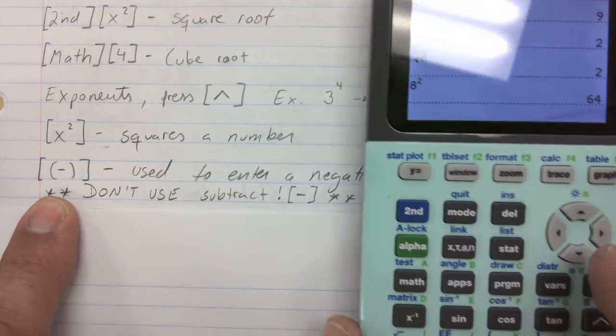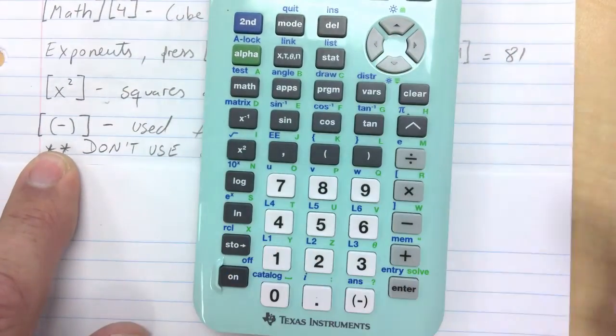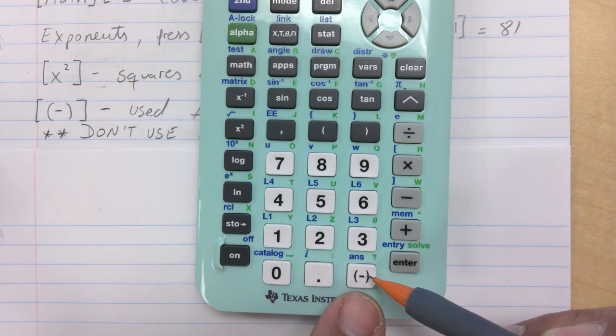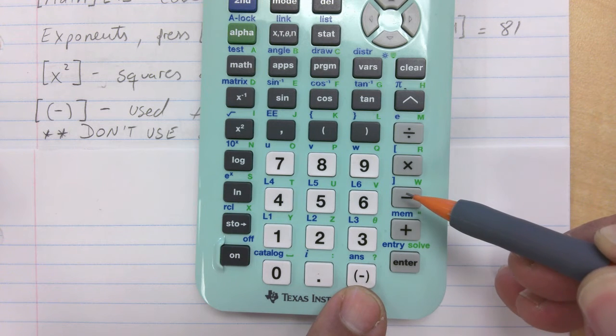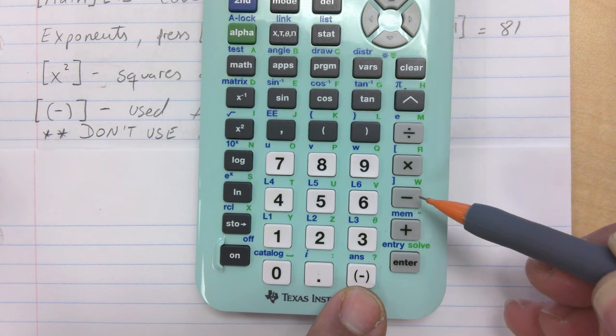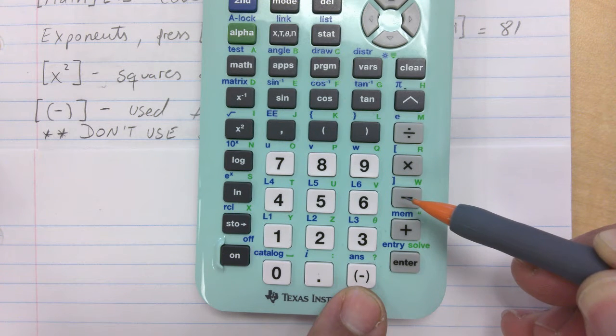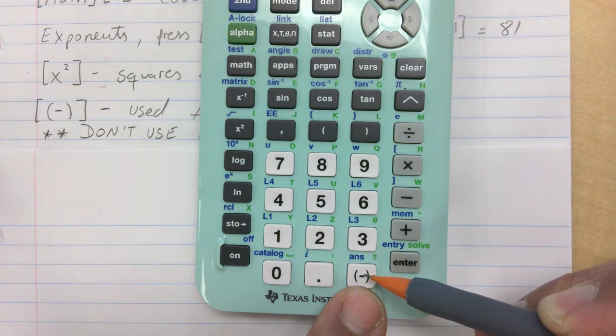There are 2 negative buttons on your calculator, so I'm going to make you see that. You see the negative down here. There's that one, and some students mistake the negative with subtracting. When you're trying to enter a negative value, you always use this guy right here.